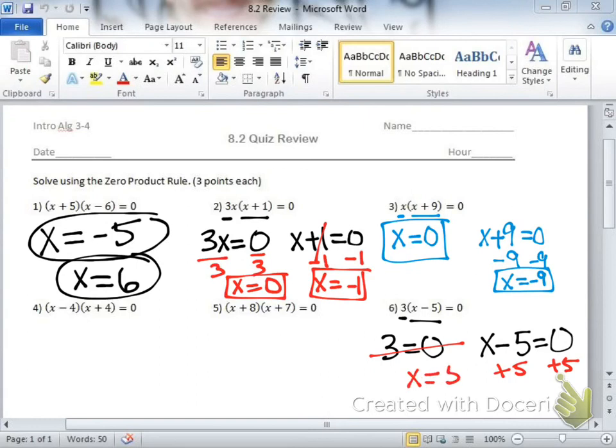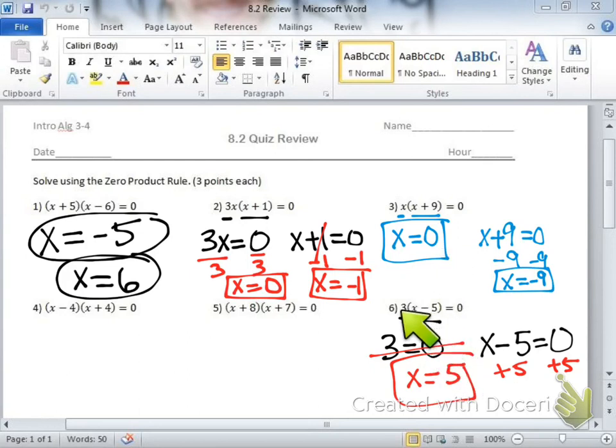So, quick recap. Up here, we had 3x as one of our factors. 3x equals 0 is true when the x part equals 0, and I know because I divided both sides by 3. Here, I just had x equals 0. That's already solved. The x is already by itself, so I'm good.